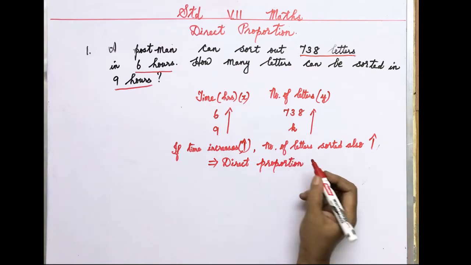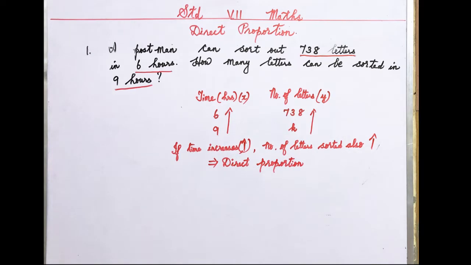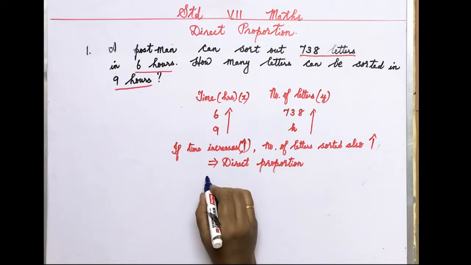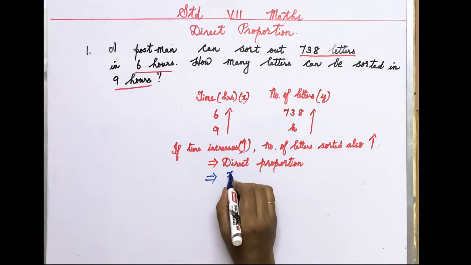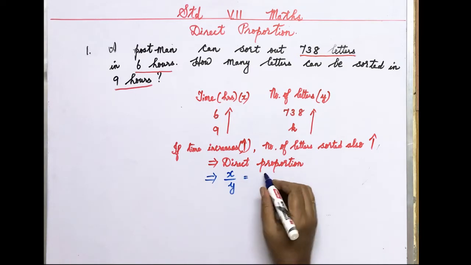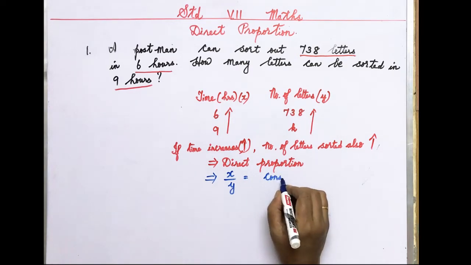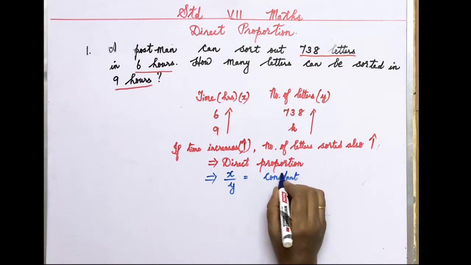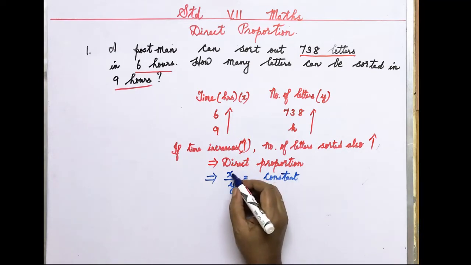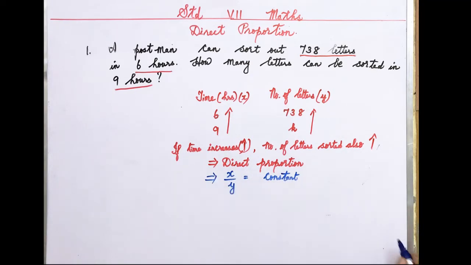In direct proportion, what is constant? Ratio is constant. Ratio, how do we represent it? x by y. So, that is x by y equal to constant. Now, we have to write the numbers that are given.